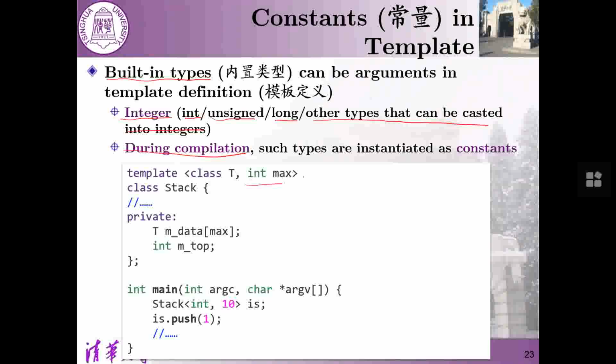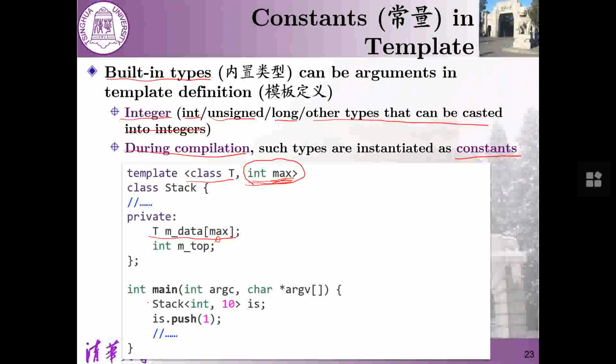So now in the template definition, we have an integer parameter. So this is class T, this is typename T, and this integer parameter. And then after compilation, this will be a constant. This gives us the size of the stack, how many elements can be stored in the stack.